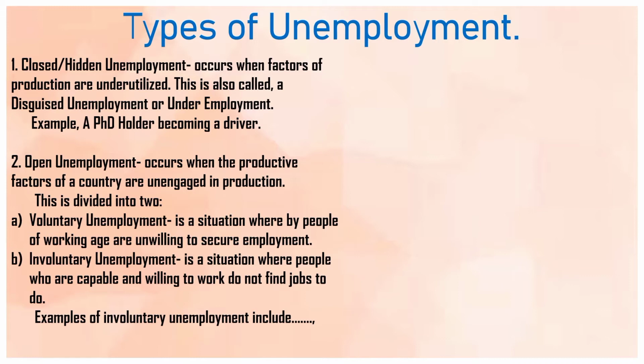But before then, open unemployment is a condition where the factors of production of a country are completely idle. They are unengaged in production processes. And like I said before now, there are two types of open unemployment.